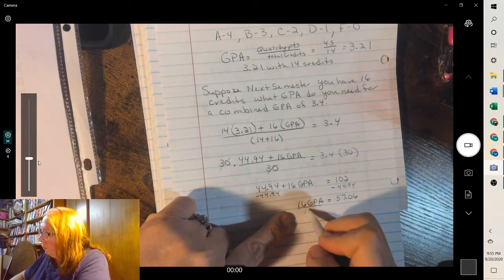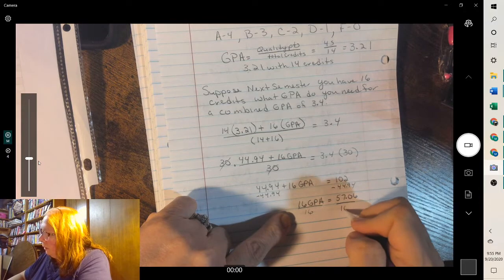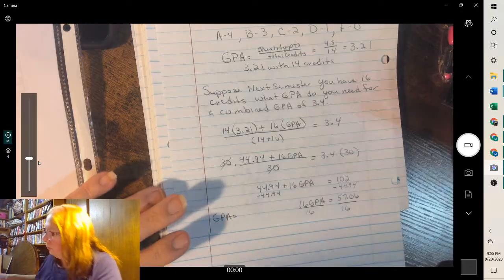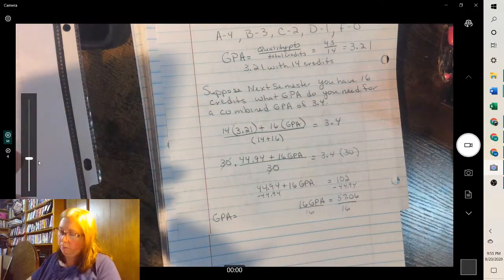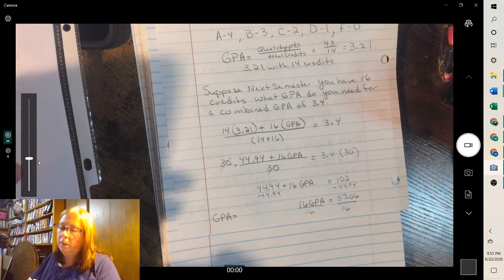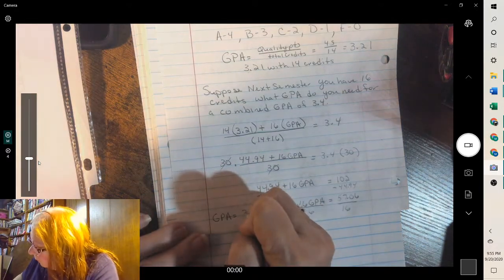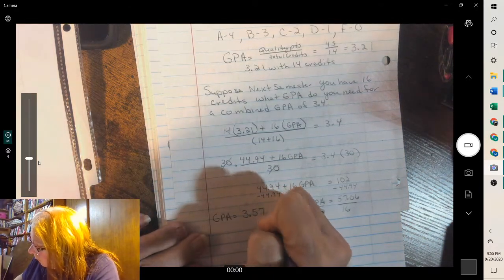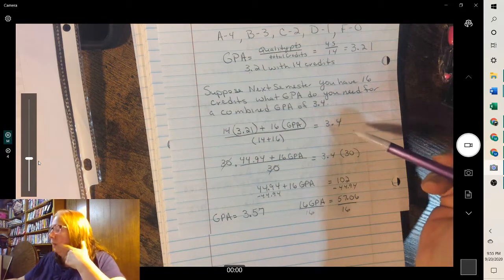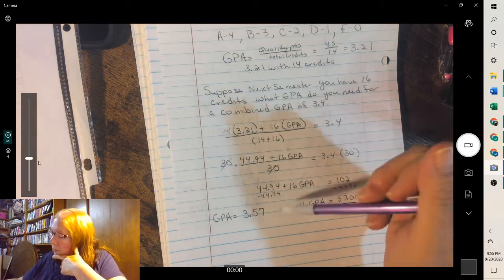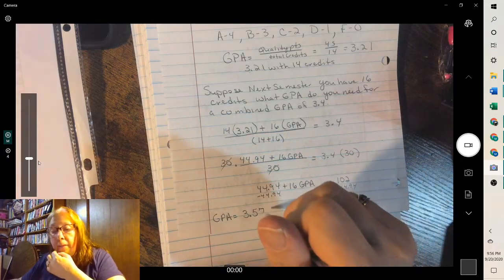Since this is being multiplied, we divide by the 16, and our GPA equals 3.57. So if we want to bring our grade point average up to a 3.4, for these 16 credit hours, we need a 3.57 to do that.